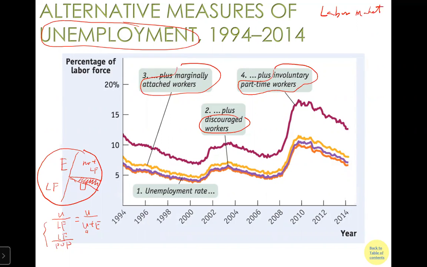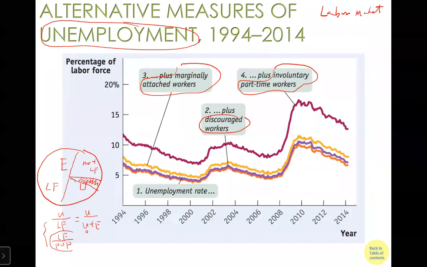So that's the limitation of the unemployment rate. That's why we look at the labor force participation rate, which can tell us a story about discouraged workers.